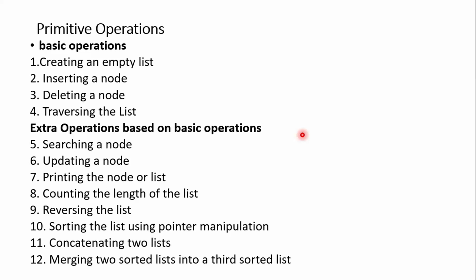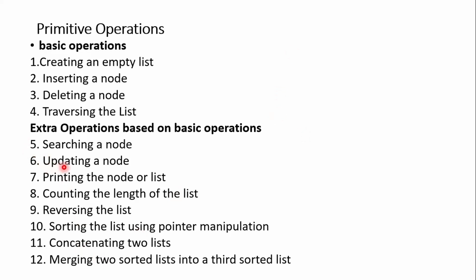If you are storing the details of students in this linked list type of data structure, and you want to know the details of a particular student, who is leaving the college or has achieved something, you have to search for that particular node. So this is what you can do, searching of that node.